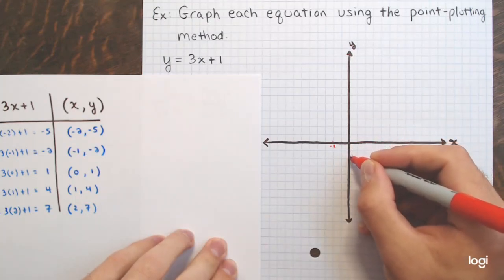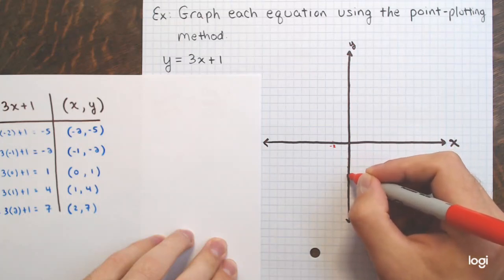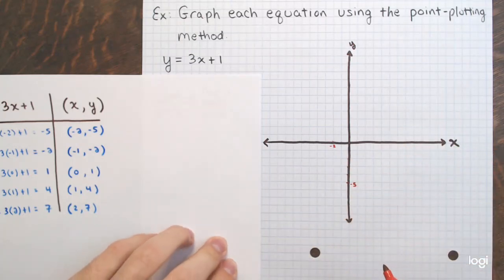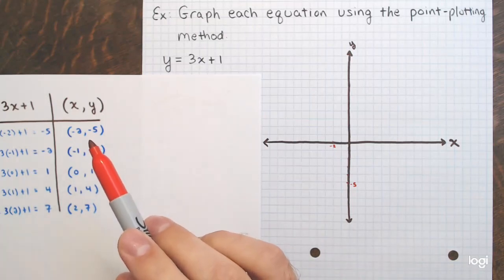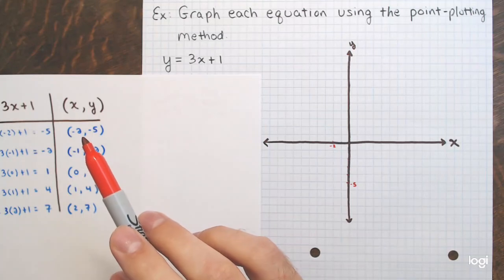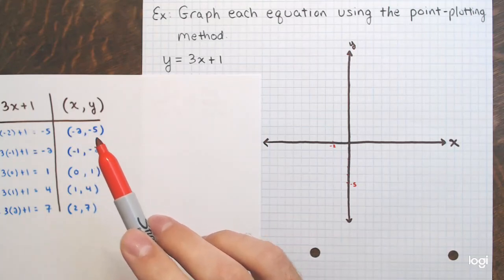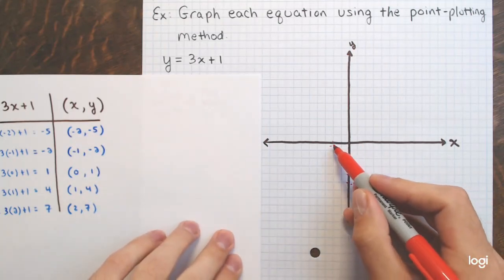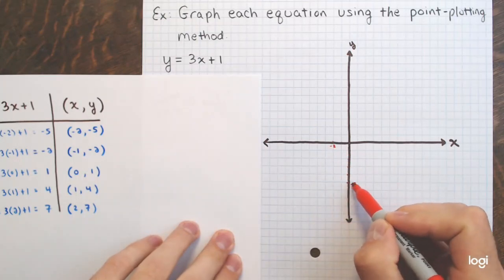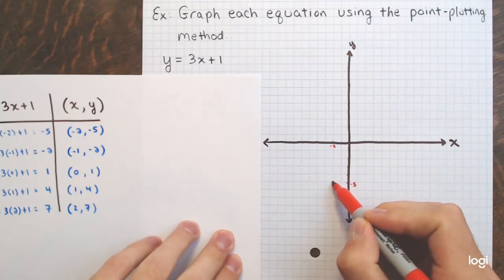So there's -1, -2, -3, -4, there's -5 down here. And then the location that I'm marking that I'm going to put a point at is the only location that's in line with both of these numbers. So that's in line with -2 on the x-axis and in line with -5 on the y-axis. So that's this point right here.